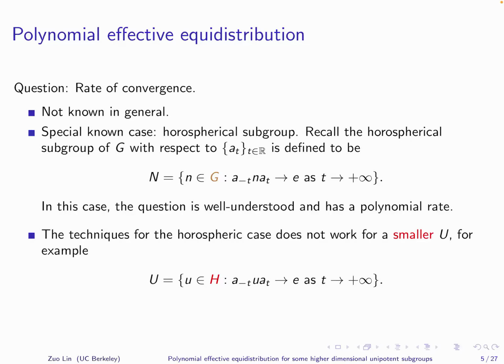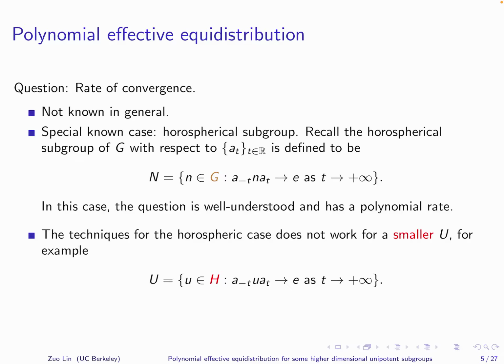The group consists of 3x3 strictly upper triangular matrices with 3 entries. And in this case, the question of the rate of convergence, for either the large unipotent orbit version or the size 1 version pushed by the diagonal element, is well understood and has a polynomial rate.